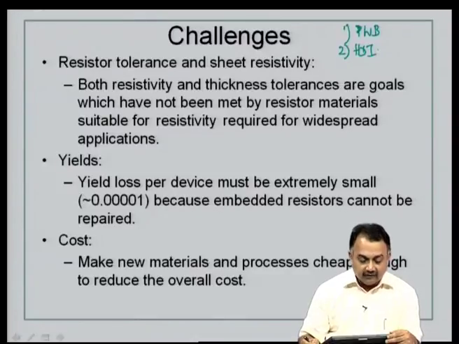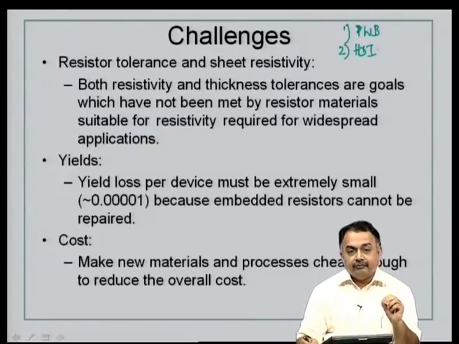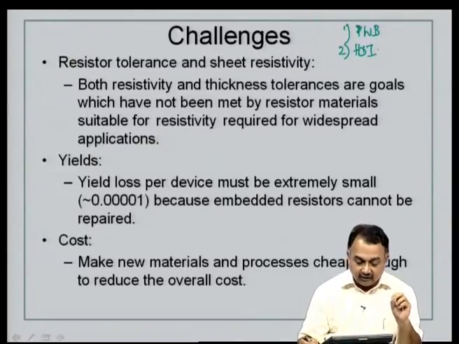So, the challenge firstly is how can you maintain the resistor tolerance as compared to devices that are available in the market today with specific values and specific tolerances that are mentioned.